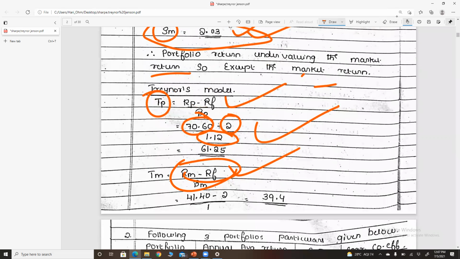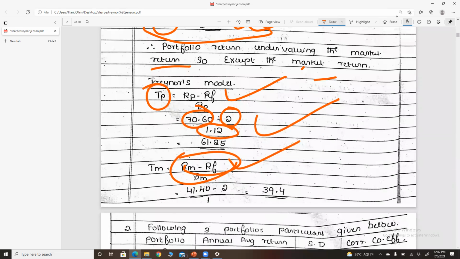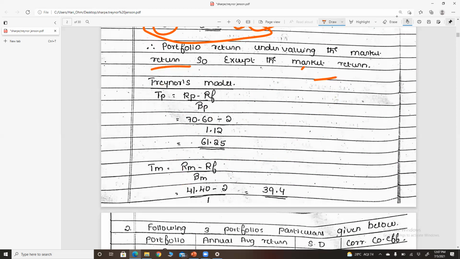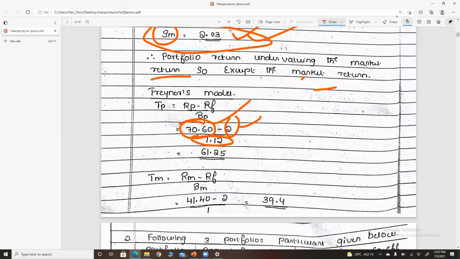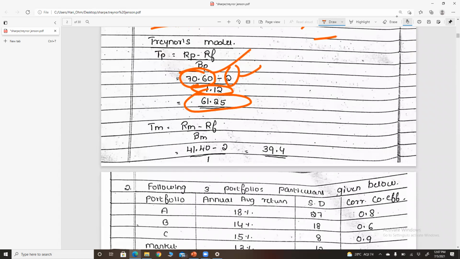Is it clear? So 70.60 is the return of the portfolio, minus 2, that is RF, then divided by beta, 1.12. So the answer is 61.25.